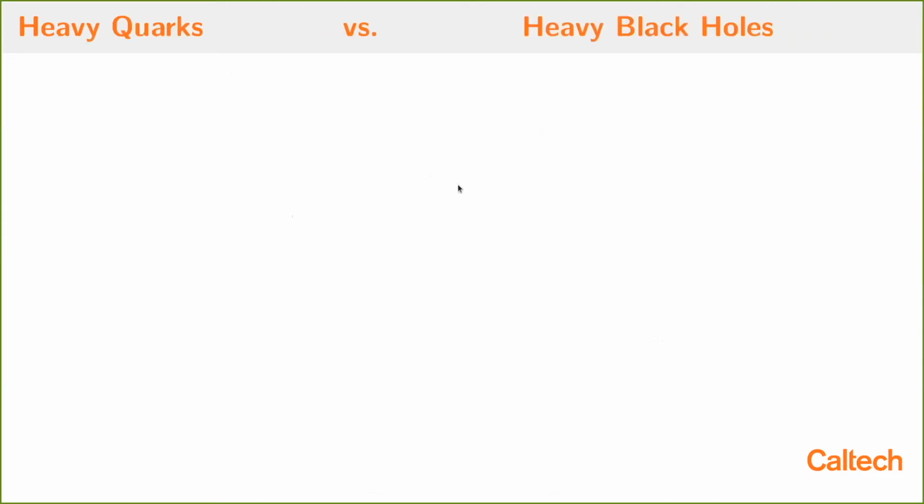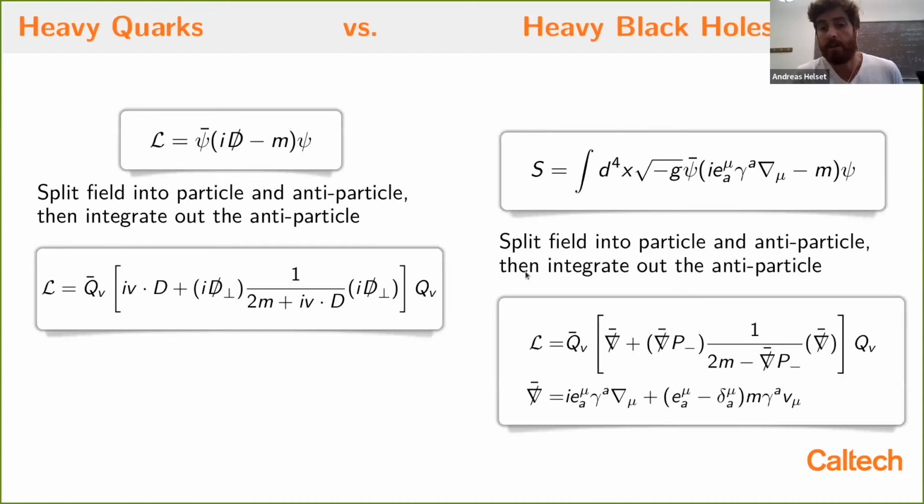Meaning we can suffice by taking this Lagrangian and expanding up to a certain order in 1 over m and ignoring the other higher order operators. At least for low orders in G Newton, that's sufficient.